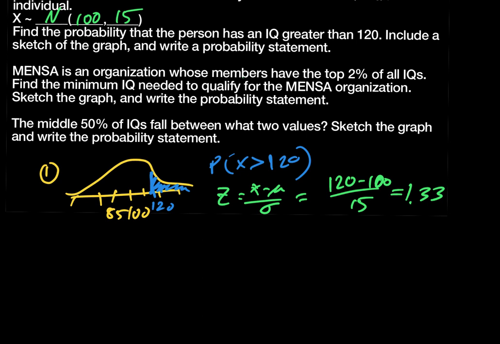And then we go to either an online tool or something along those lines. And if I do an x value of 1.33 in a standard normal curve, it gives me an area of 0.09175.